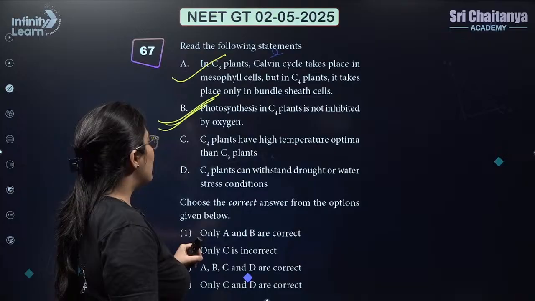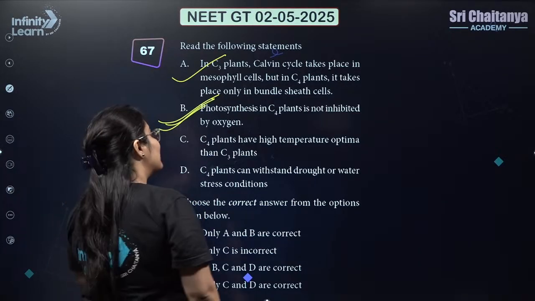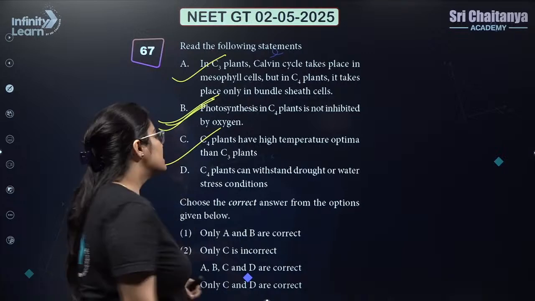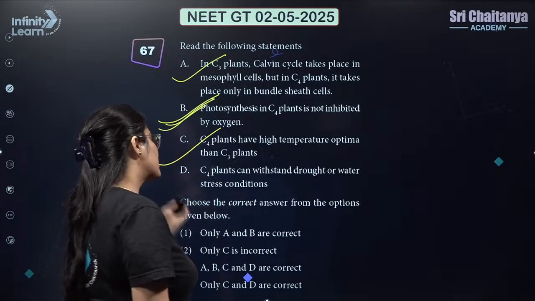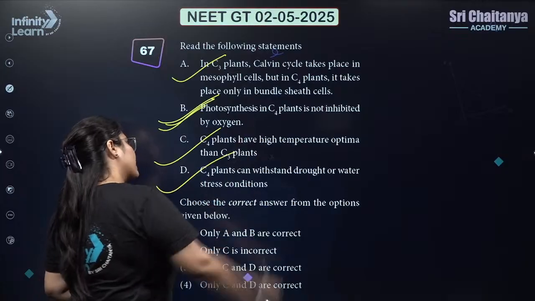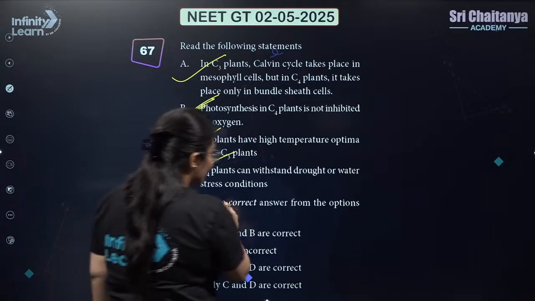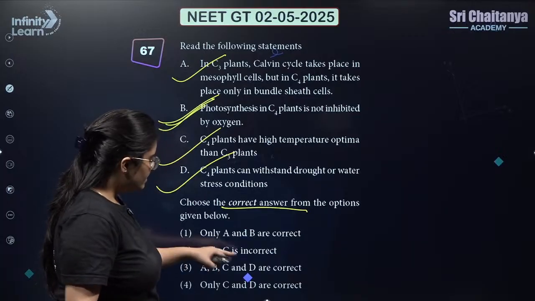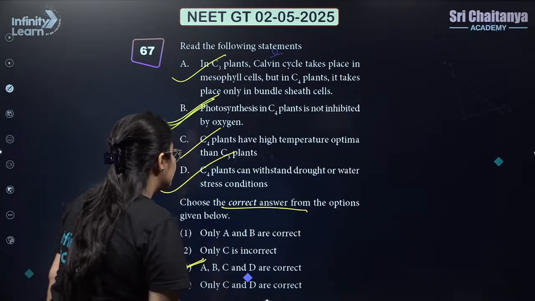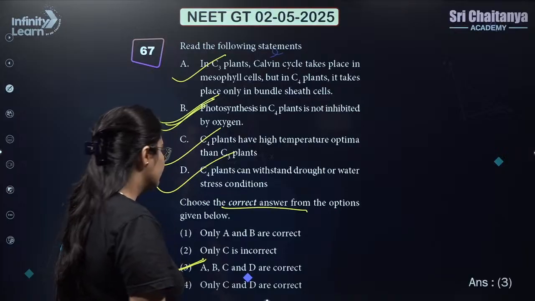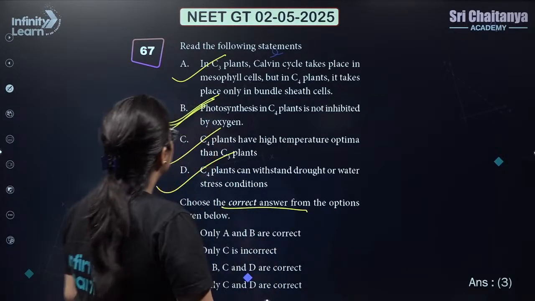C4 plants have higher temperature optima than C3. This is also correct. C4 plants can withstand drought or water stress conditions. This is also correct. So A, B, C and D are all correct. So your correct answer is 3. Clear, guys, everyone? Yes. Next question.